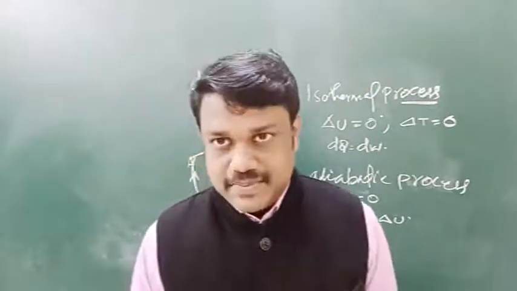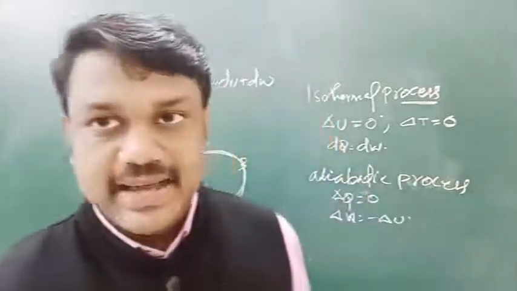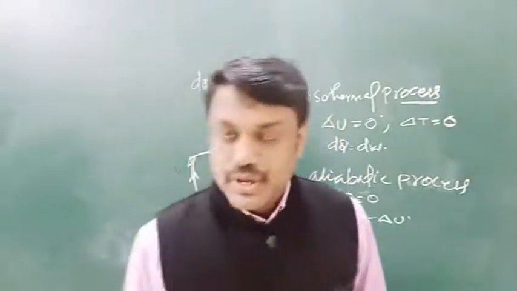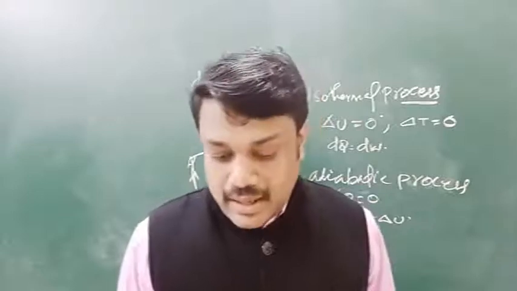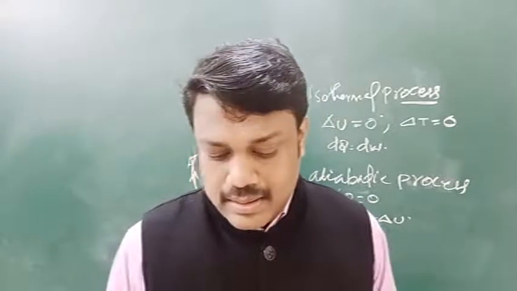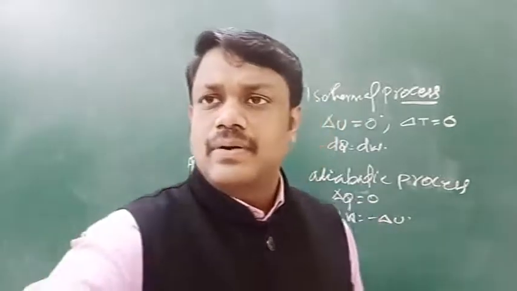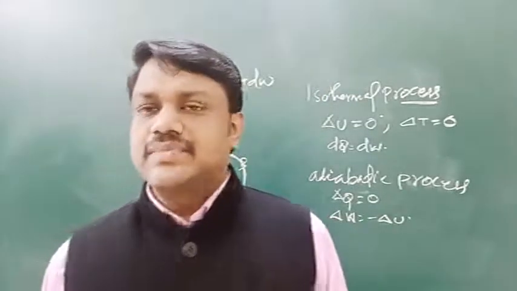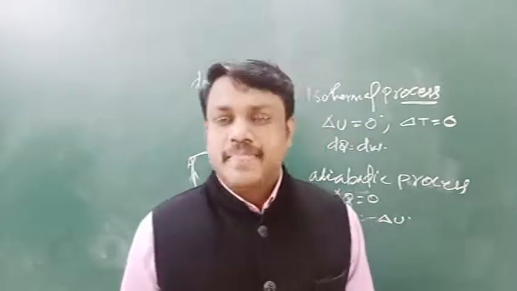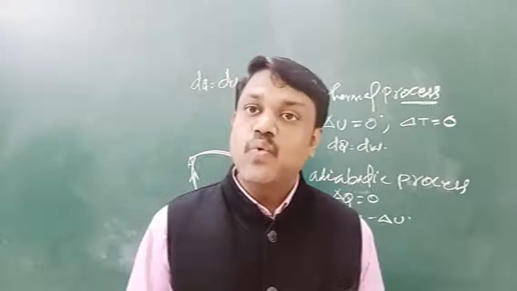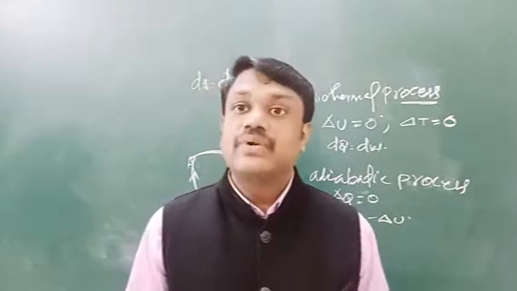Again, isolated processes are there. Generally, an isolated system is defined as one where there is no interaction between the system and its surroundings. That means no work exchange, no heat exchange.